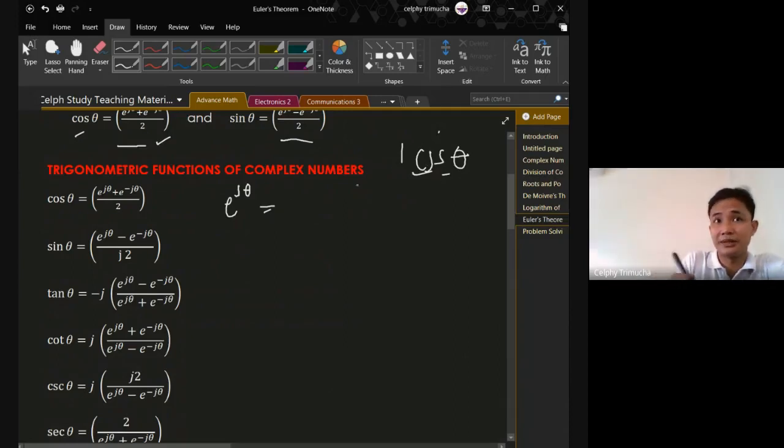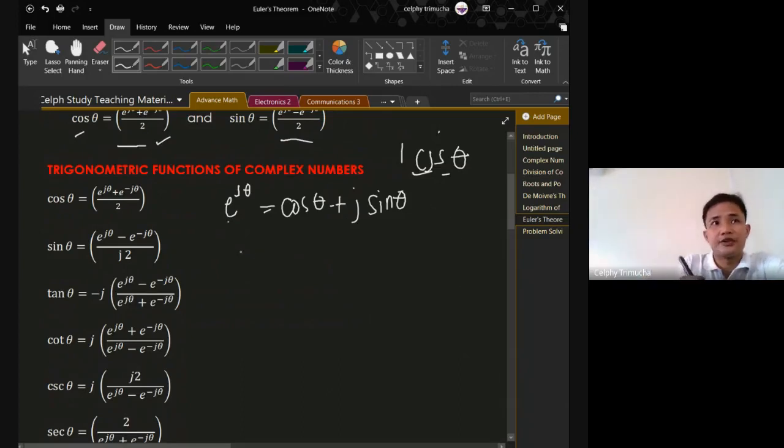That is equal to cosine theta plus j sine theta, which is the conversion between exponential and trigonometric form from our earlier classes.